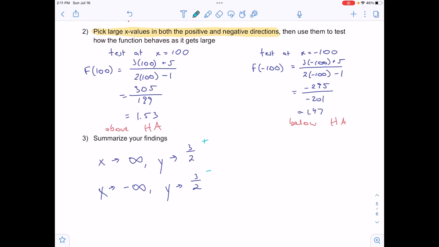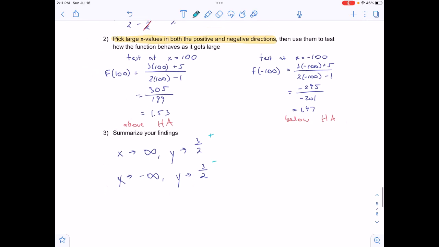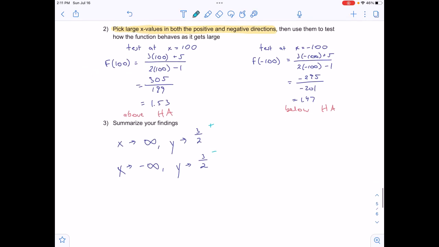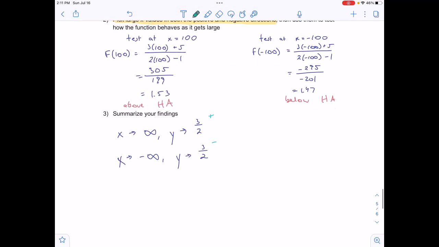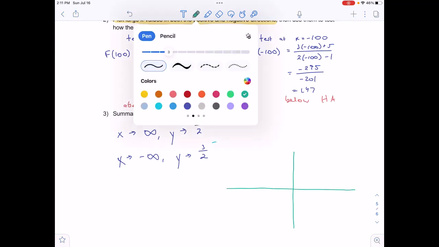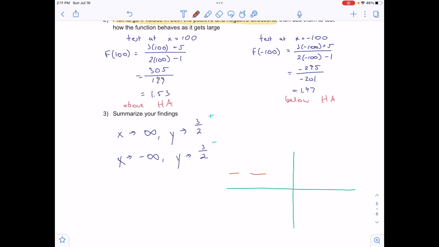Okay, so we can use this to sketch what it's actually going to look like in terms of a horizontal asymptote. So if we were to have our function here, our horizontal asymptote was at about 1.5, or exactly 1.5. On the right-hand side, I'm coming down from above.